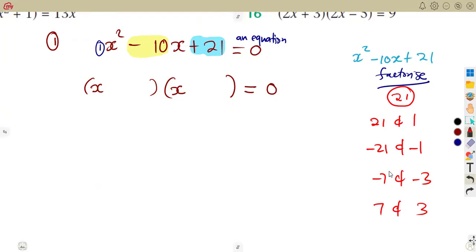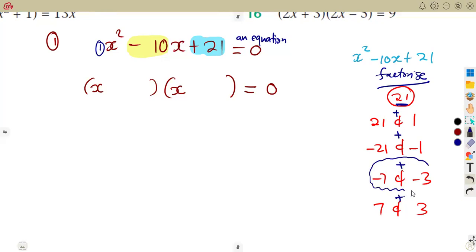Multiplying these numbers, we are going to exactly obtain the positive 21. But the question is, when you add, which part are you going to obtain? The middle number that you're given, which is the coefficient of x, which is minus 10. When you add each and every pair that you're given, where are we going to have a negative 10?